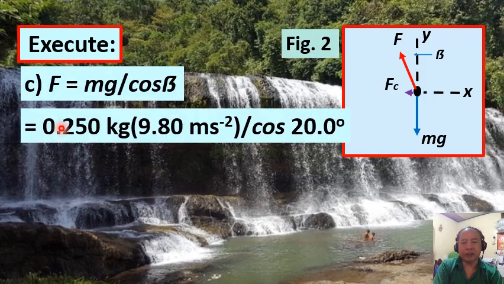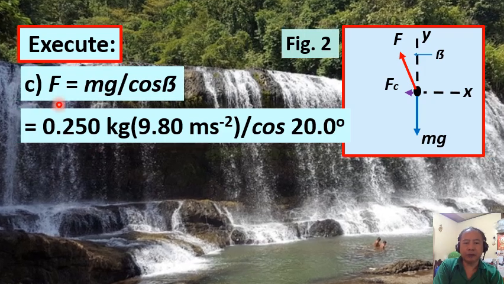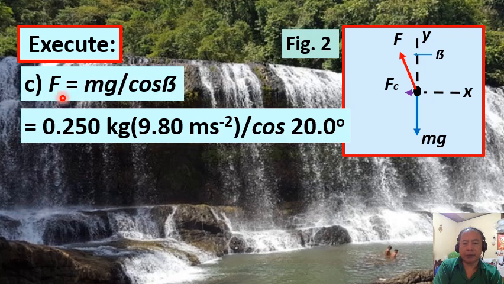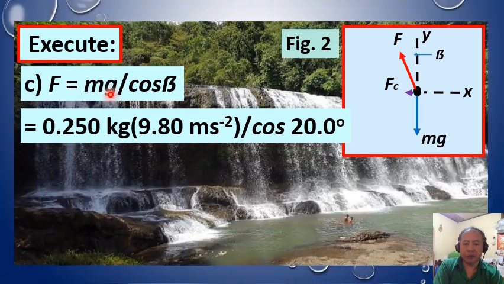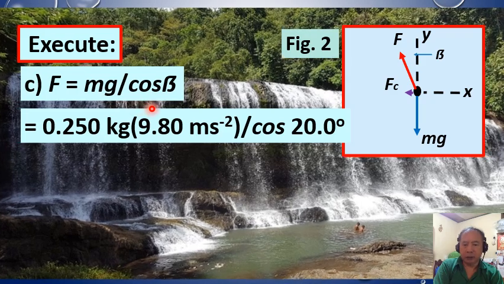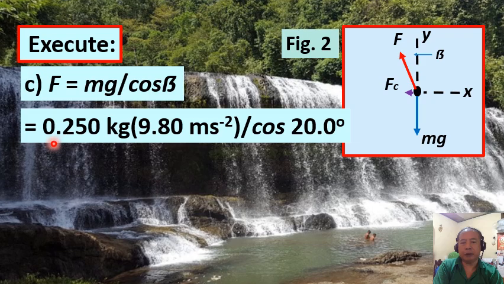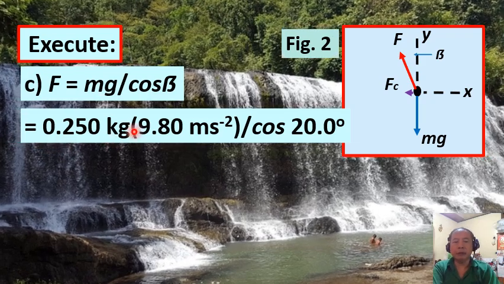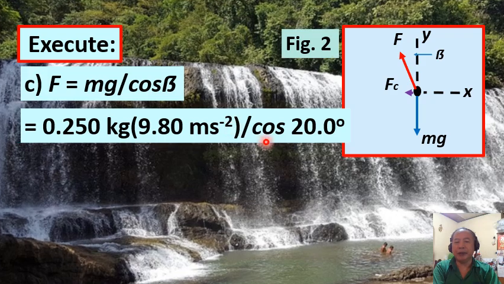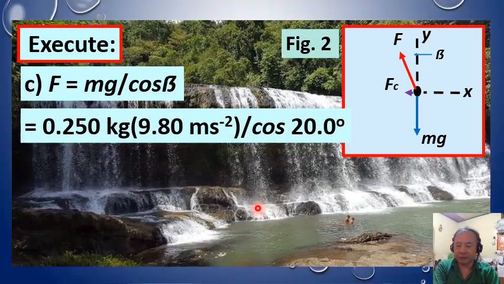Lastly, in part C, computing for the tension force exerted by the wire, capital F equals mg, or the weight of the bulb, divided by the value of the cosine beta. That is, capital F equals 0.250 kilogram times 9.80 meters per second squared, and then divided by cosine of the angle 20.0 degrees.